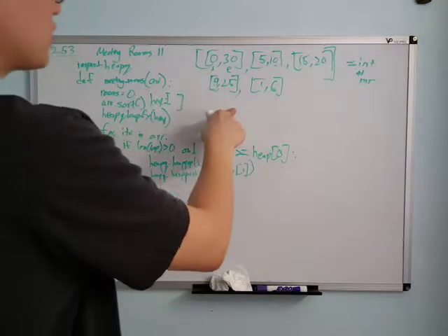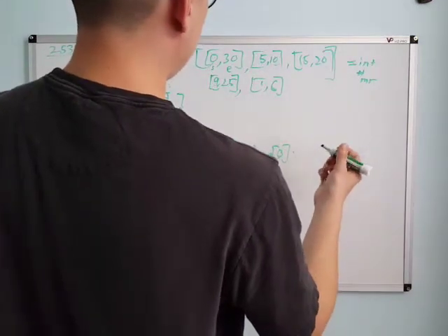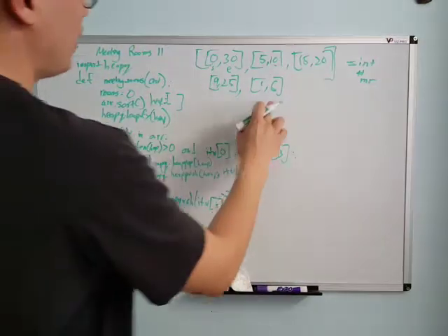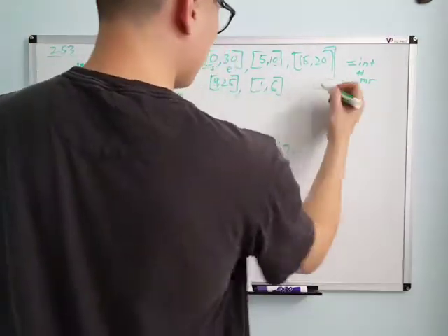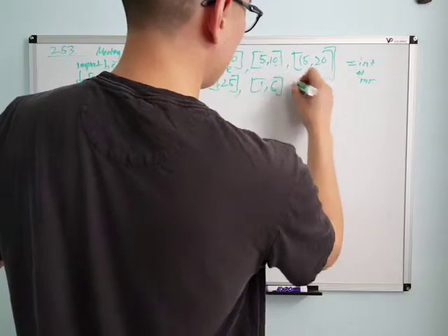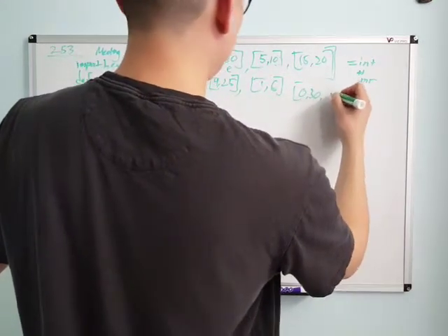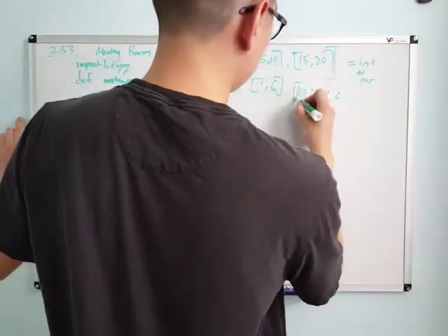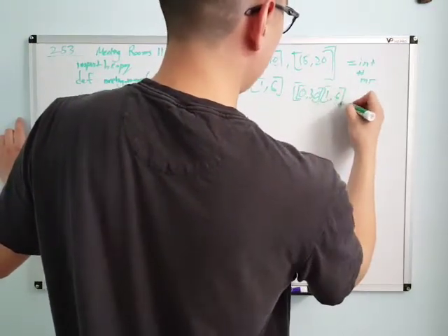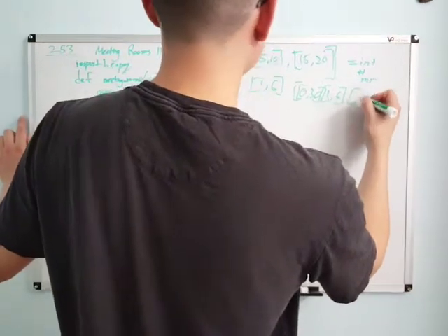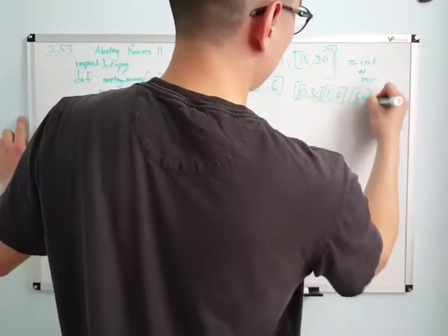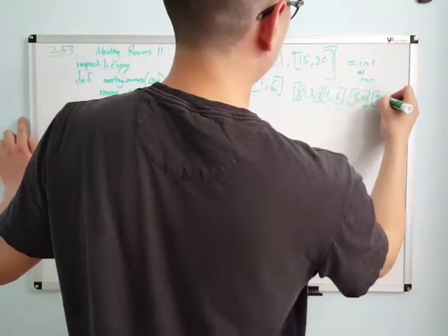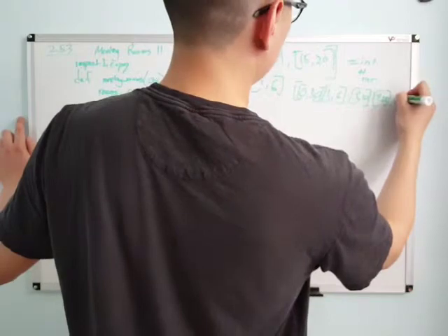So yeah, we're going to sort this, and I'll just write the sorted order: 0, 30, 1, 6, and we're sorting by the start. I should specify that. 1, 6, 5, 10, 9, 25, 15, 20.